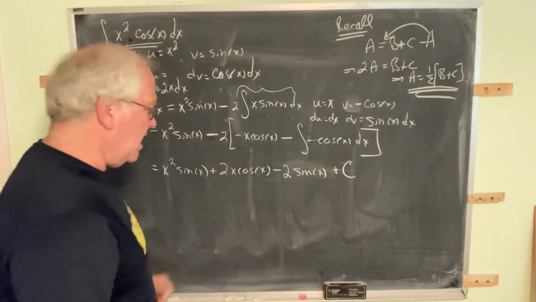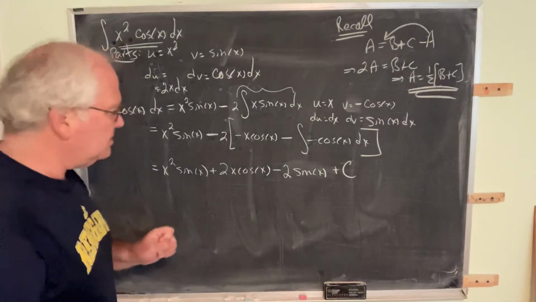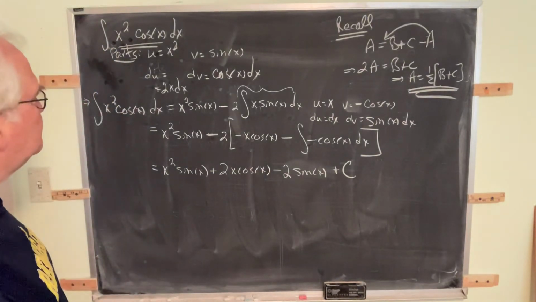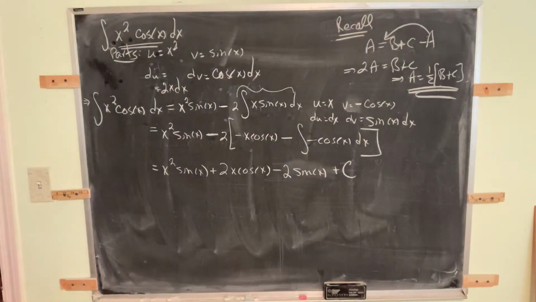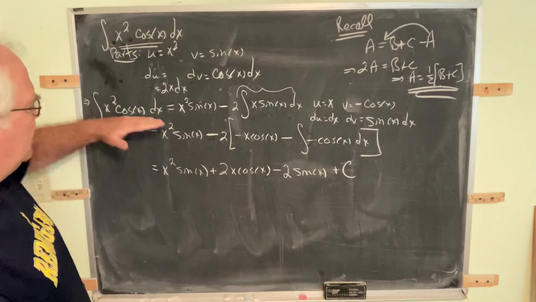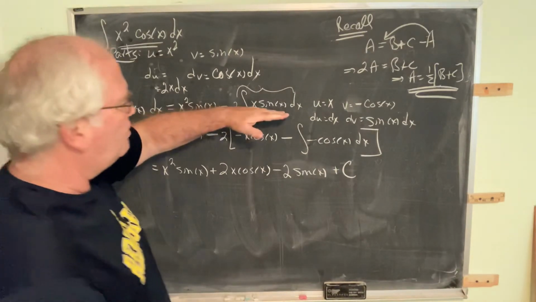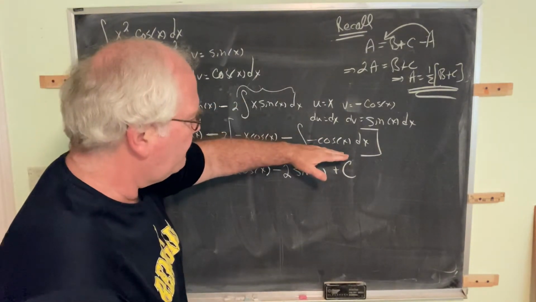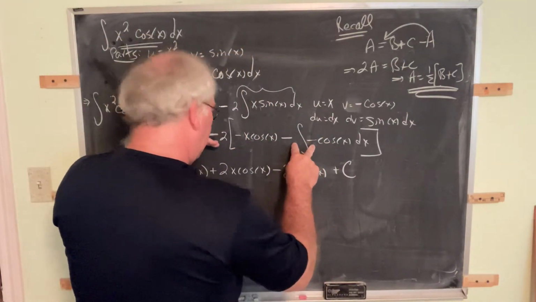And we're lumping all the constants together in the constant of integration. But here's the issue. This was the original expression to start off with. So we had to do parts twice and be very careful with all these negative signs.